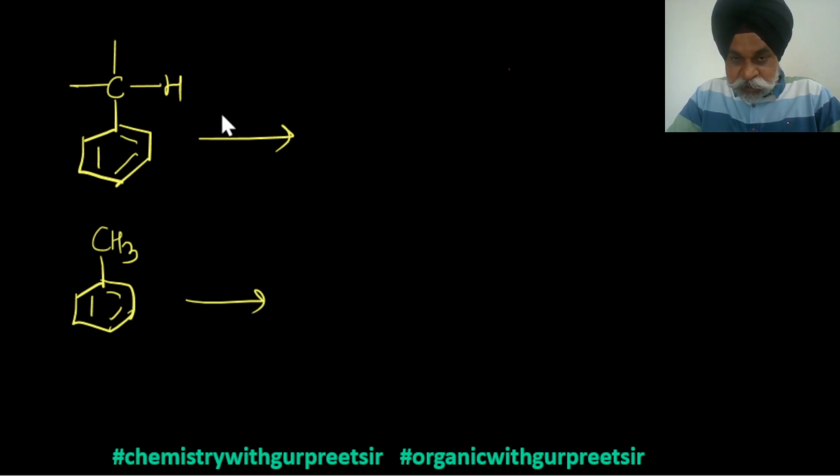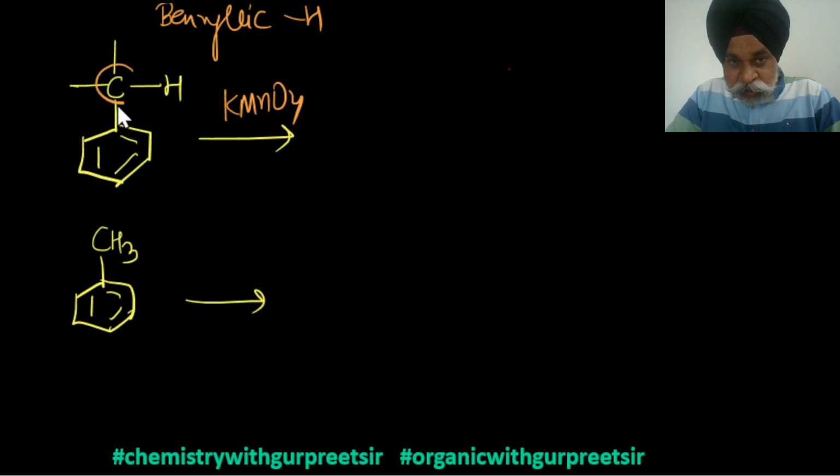Wherever KMnO4 is treated with a hydrocarbon where a hydrocarbon chain is attached to the benzene, I should mark it as a very categorical statement that whenever a compound has benzylic hydrogen, which are hydrogen atoms attached to the carbon next to the benzene carbon, and it is treated with KMnO4, then this carbon must have at least one benzylic hydrogen.